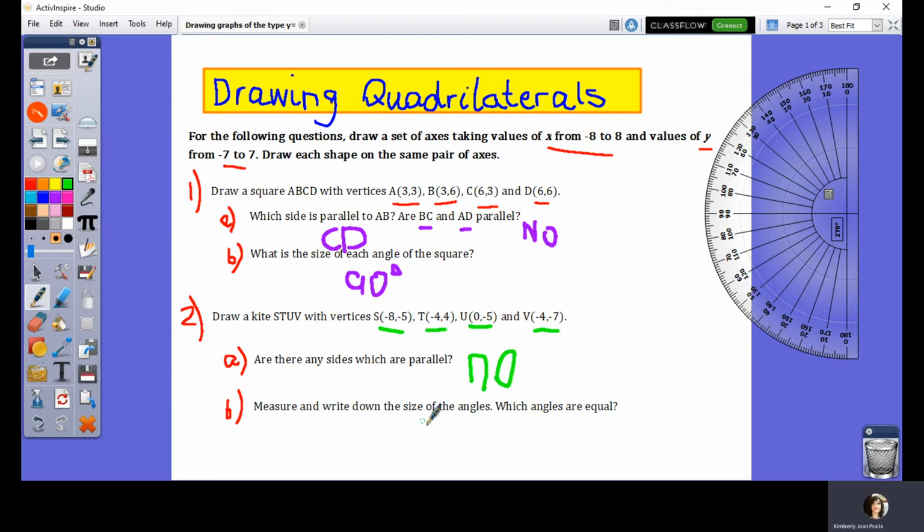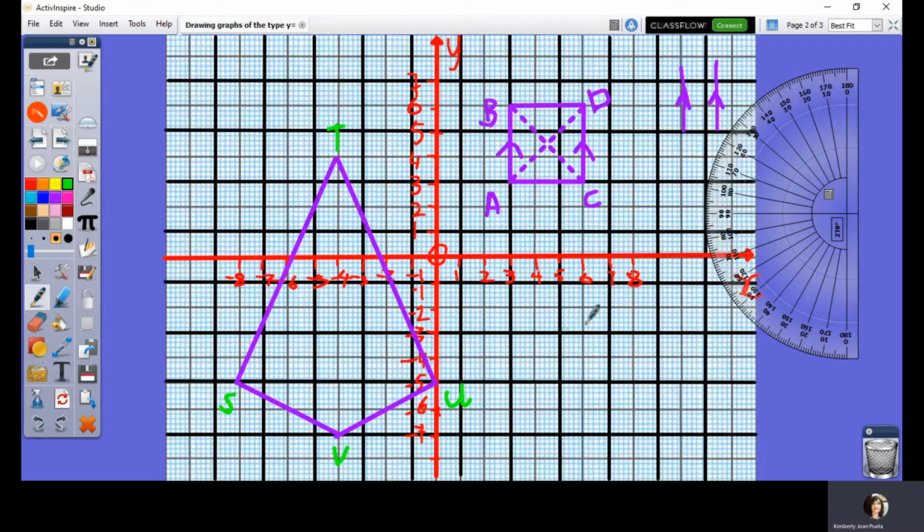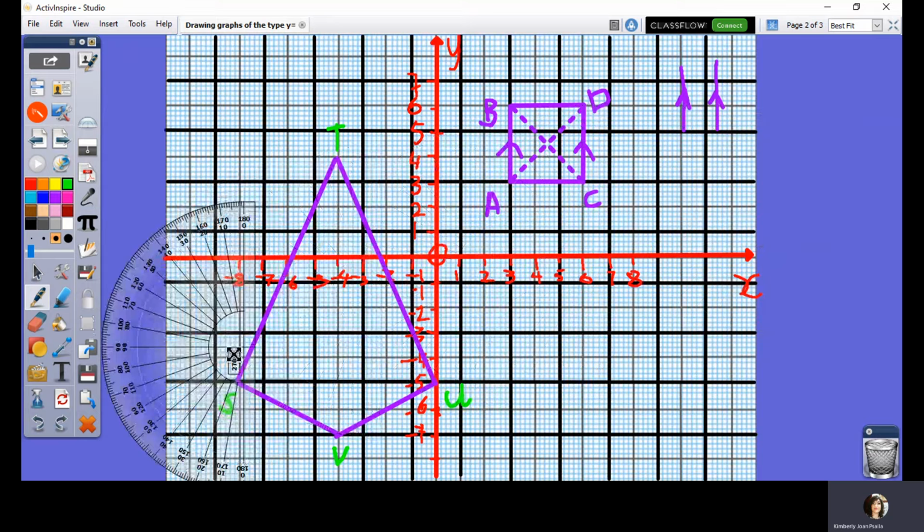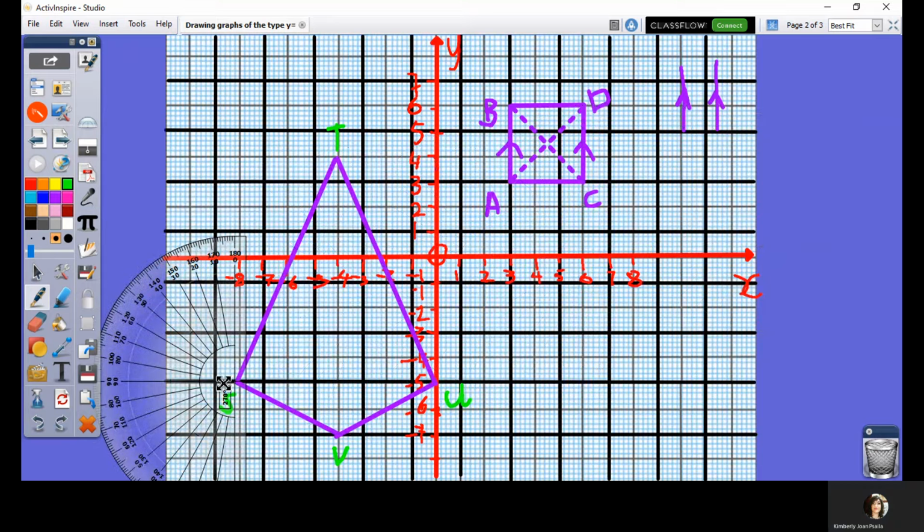Now measure and write down the size of the angles, and which angles are equal. First we have to measure the angle. So let us measure S. Again, you have to use the protractor.